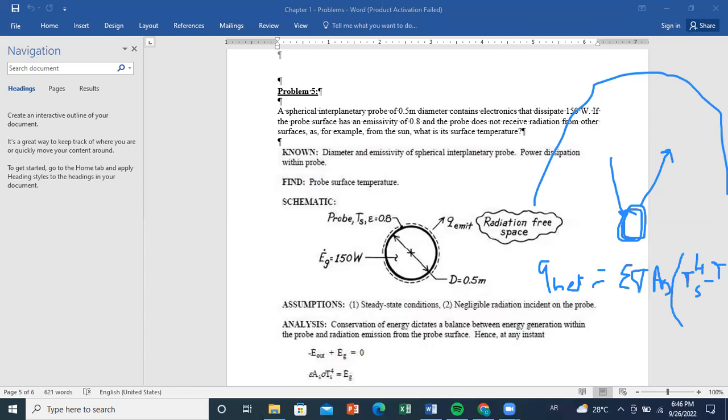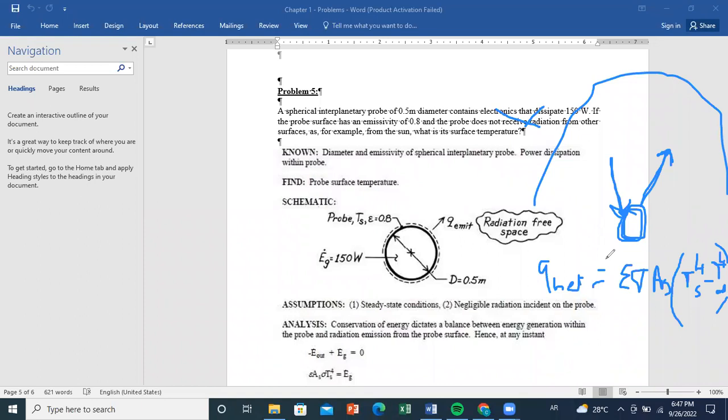But please pay attention, when we applied this form, we assumed that we have a flux that is emitted from the surface and one that is absorbed by the surface. But in this problem, they are telling us that it's not receiving any radiation from other surfaces. So it's just emitting.